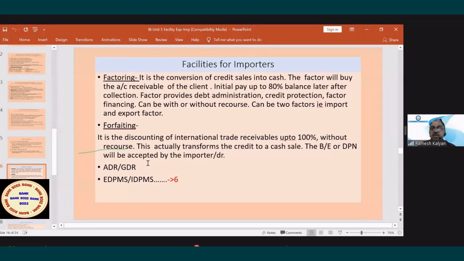In ADR and GDR, American Depository Receipt. What is an American Depository Receipt? It is a receipt issued by a bank in America known as the Depository Bank. They will issue a receipt known as a Depository Receipt. That receipt issued by that bank will represent fixed shares of a company in India. Say, for example, TCS wants to sell some shares to a foreign person and get money.